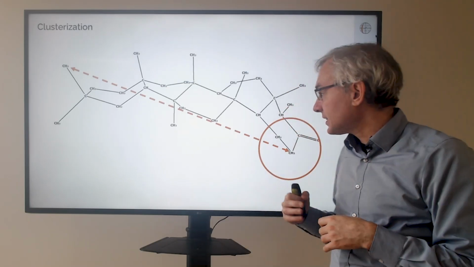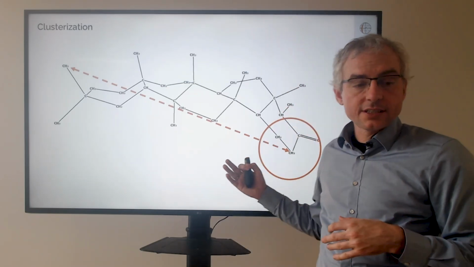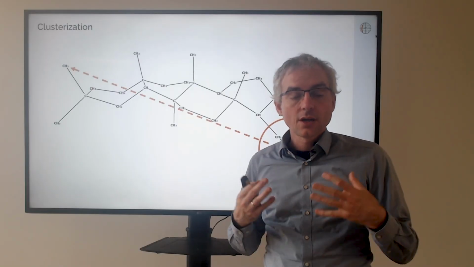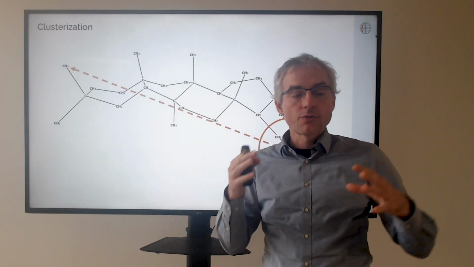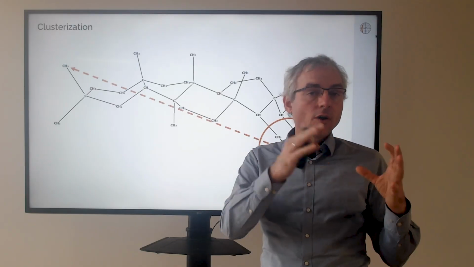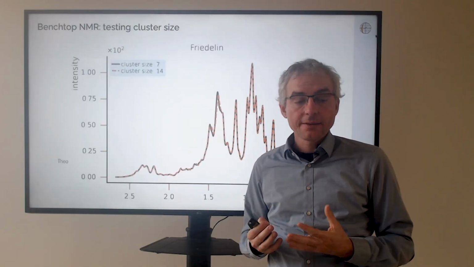So you can take a certain radius in which you include all the hydrogens, and the rest you can forget, and then you go through your molecule and calculate all these different clusters. This we have implemented in a very efficient way.